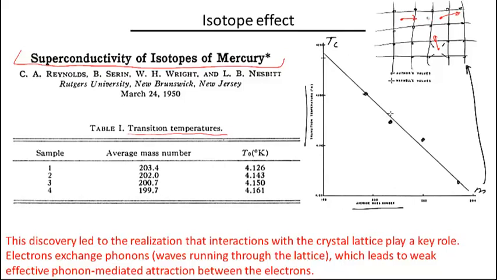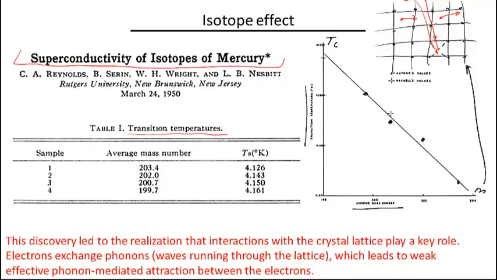If a second electron comes into the same region, it is attracted to this region, and this results in an effective phonon-mediated attraction between the electrons.